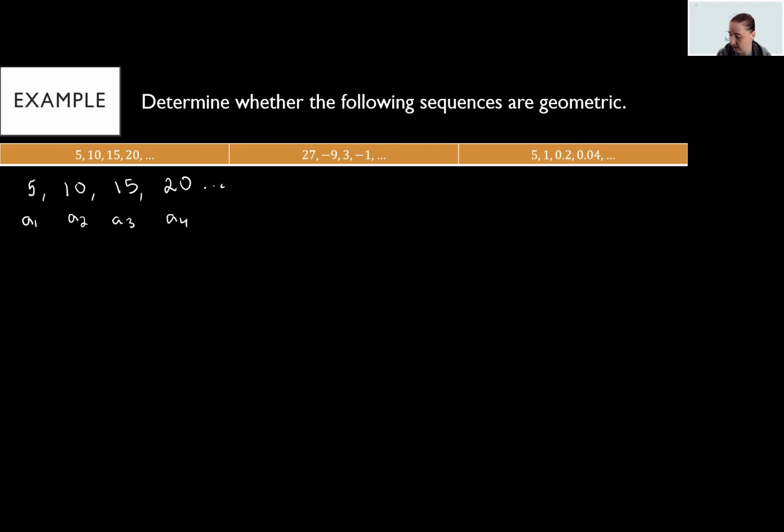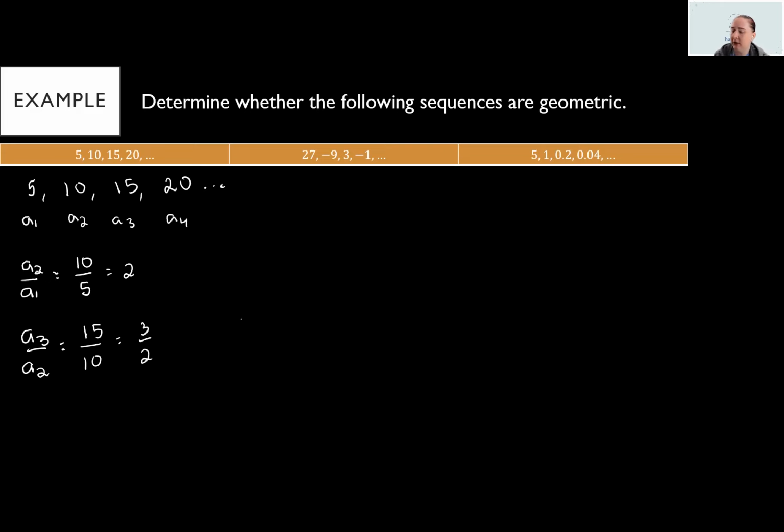So to test whether it's geometric, you divide. We're going to do A2 divided by A1. So 10 divided by 5 gives us 2. Then we do A3 divided by A2, so 15 divided by 10, and that gives you 3 halves.